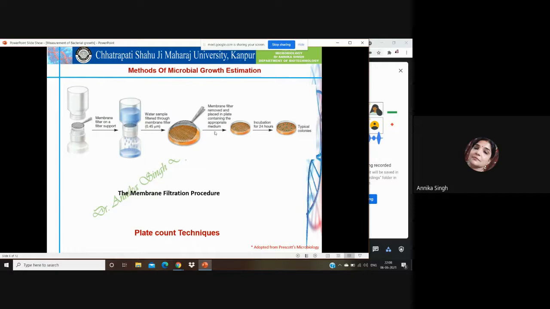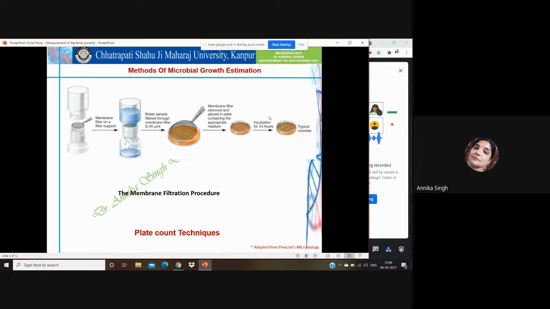You can see here in this figure, this membrane, which contains a number of viable cells, is placed on an appropriate agar medium in a petri plate, and then it is incubated for 8 to 24 hours depending upon the result.